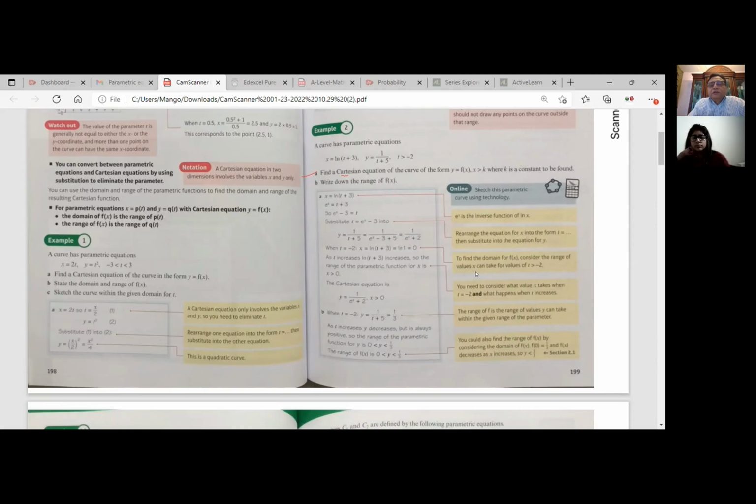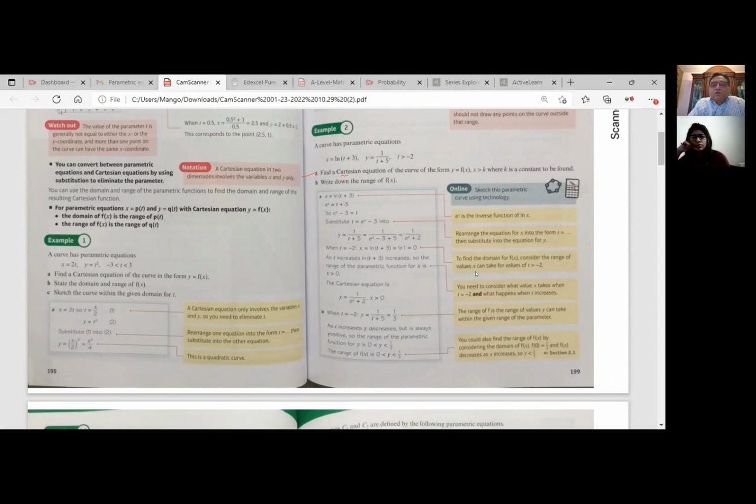You get 1 over e to the power of x minus 3 plus 5. So in the denominator, you have e to the power of x plus 2. Now, e to the power of x plus 2 is always positive, so this will always be a positive function. E to the power of x is positive, and adding 2 is also positive. Is it okay?